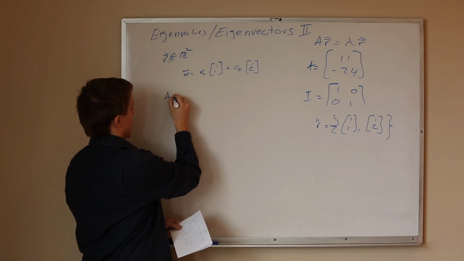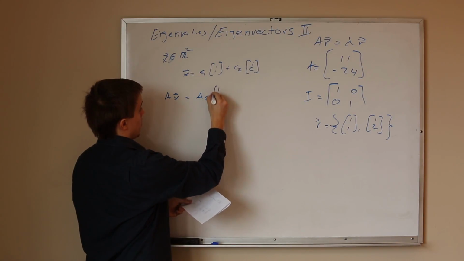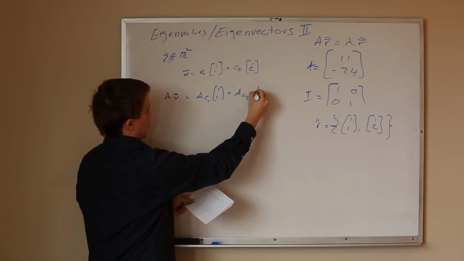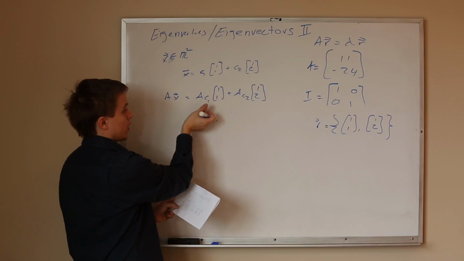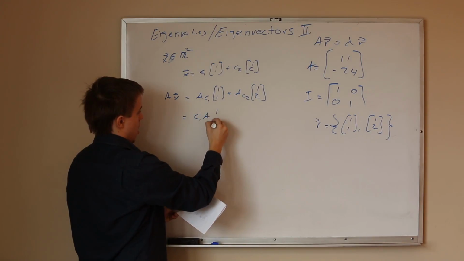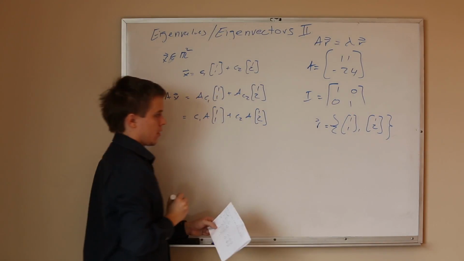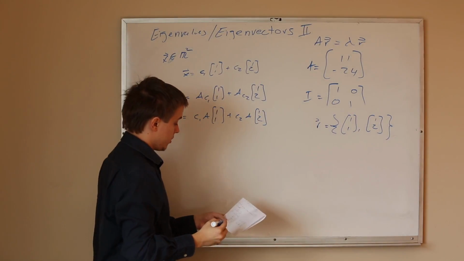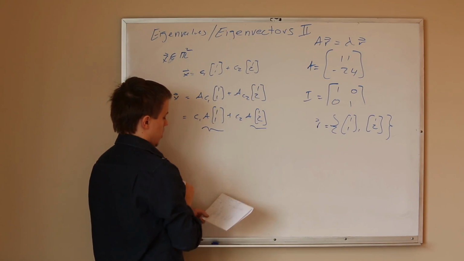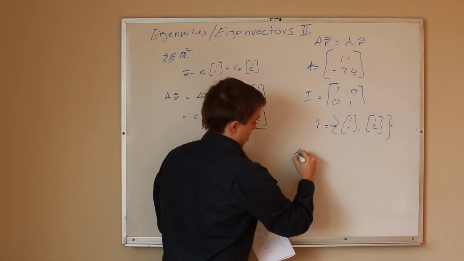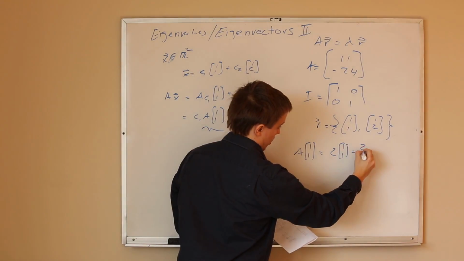And now if we multiply both sides by our matrix A that we had previously, we get A c1 [1, 1] plus A c2 [1, 2], right? And now we can reassociate our vectors by associative properties. By the way, we know what these are. A[1, 1] is just 2[1, 1], also known as [2, 2].